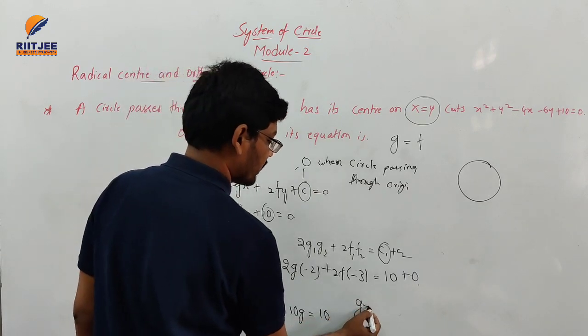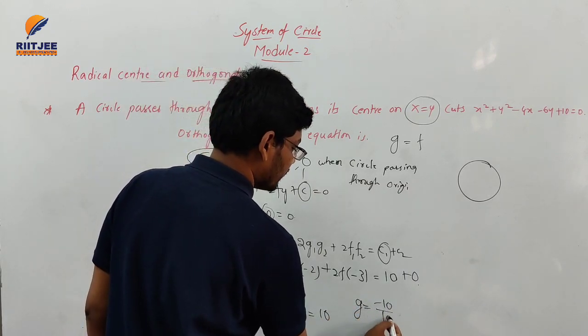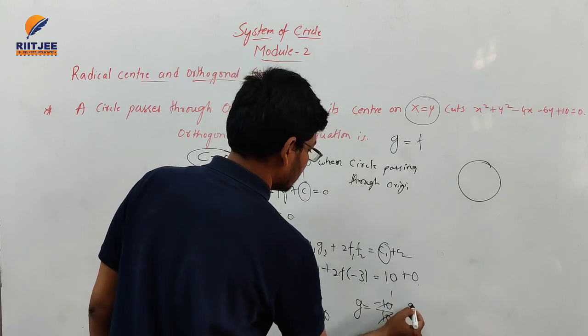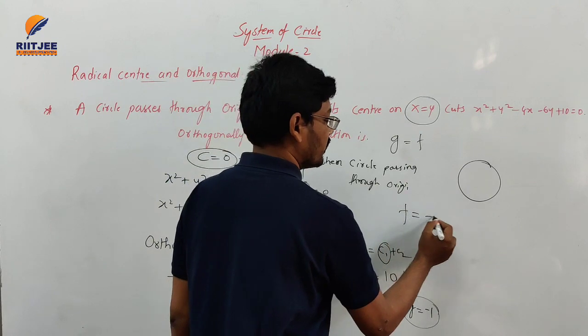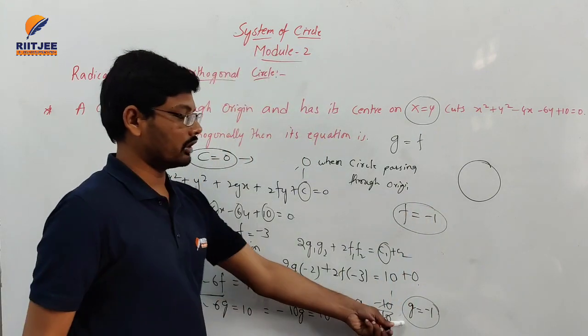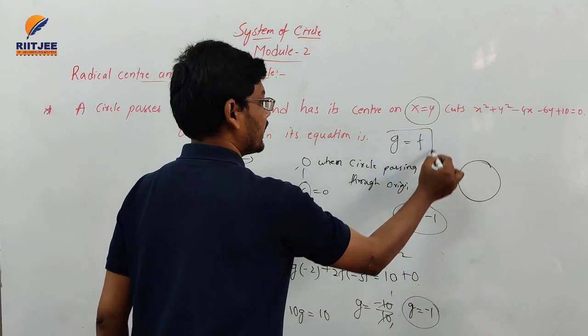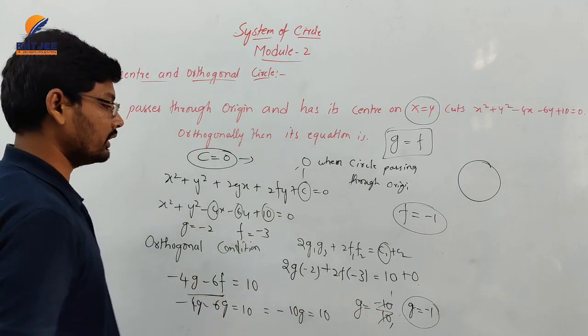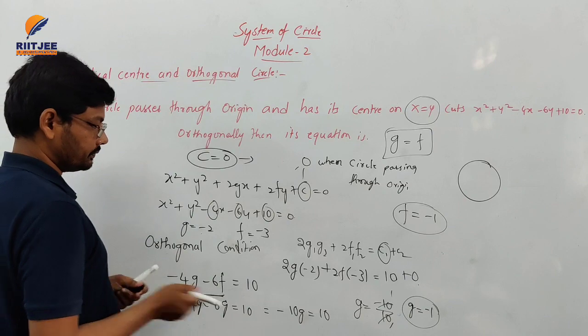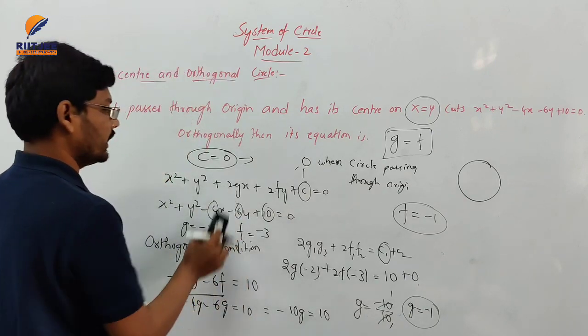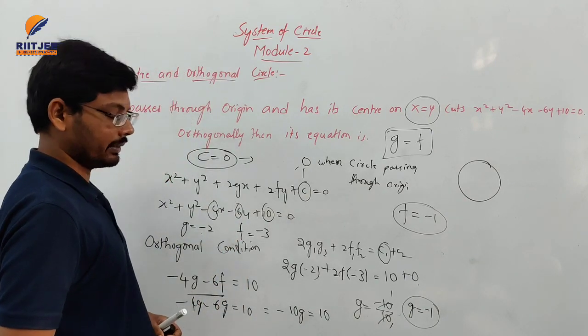G is equal to how much we got here? Minus 10 by 10, g is equal to minus 1. And similarly f is equal to minus 1, because both are equal. Let's substitute the values in the general expression.